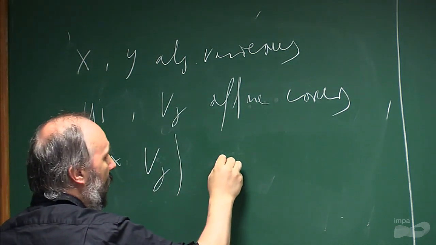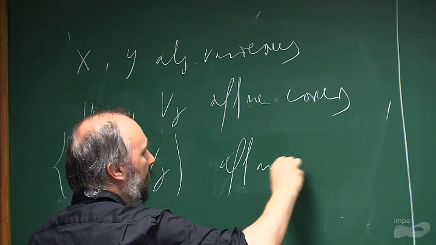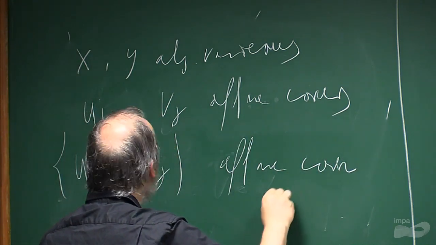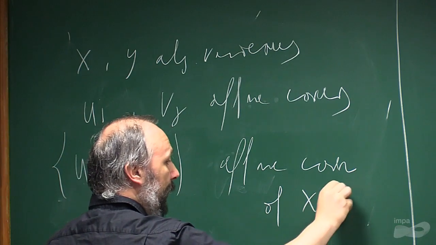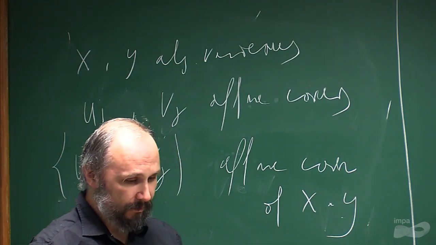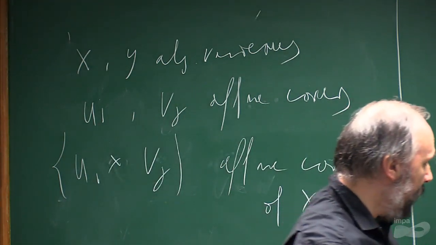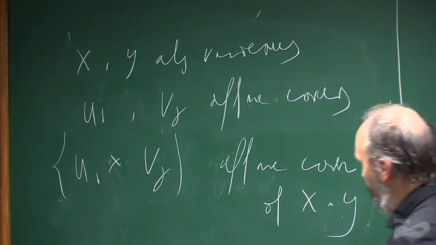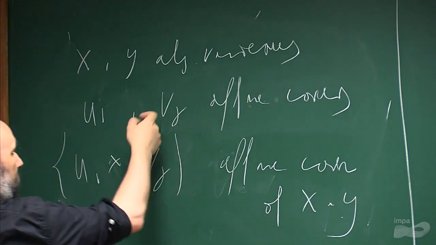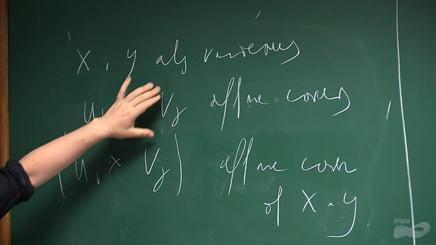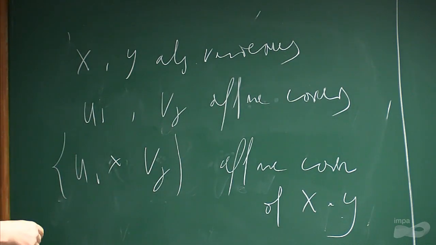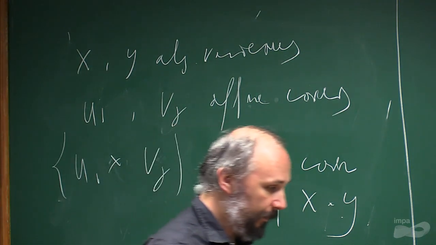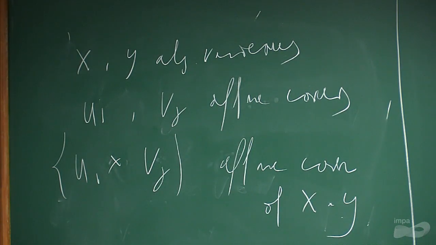This will give an affine cover of X times Y. Your transition functions are obtained by taking transition functions here and transition functions there and taking tensor products. So it works in a sort of tautological way. There's nothing to do.